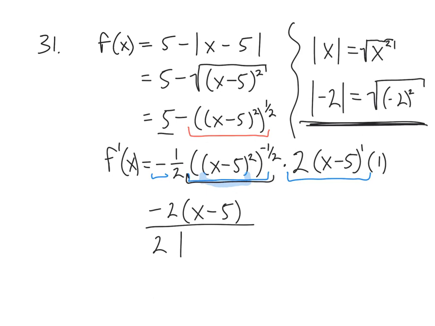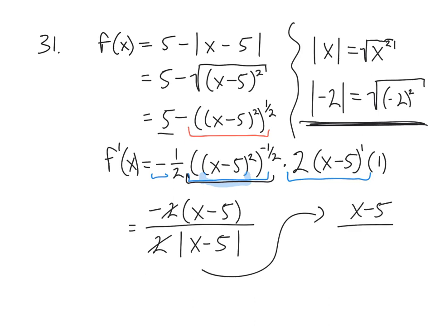So 2 times the absolute value of x minus 5. Okay. Well, the 2's cancel out, and our final answer would be x minus 5 over the absolute value of x minus 5. This is the derivative of our original function.